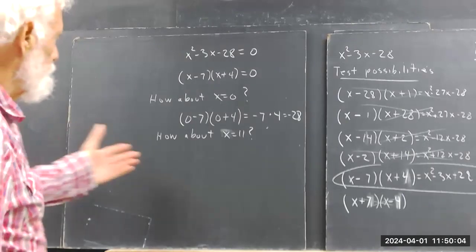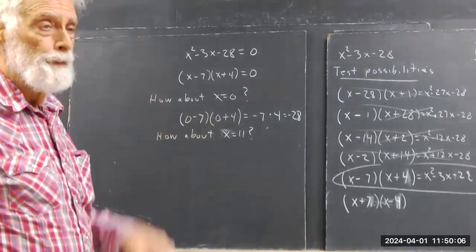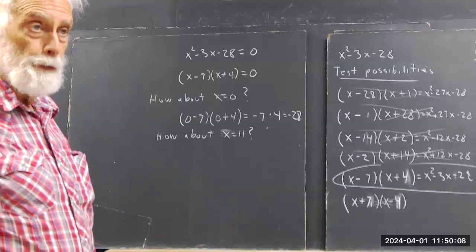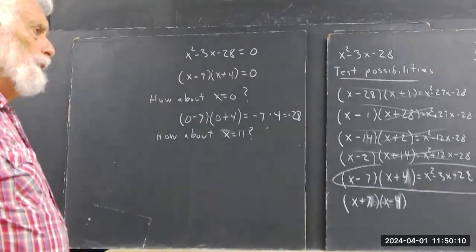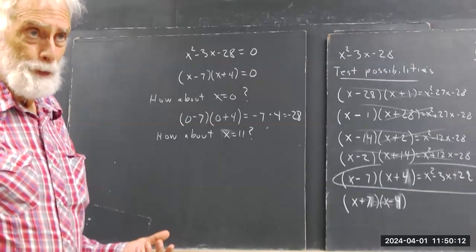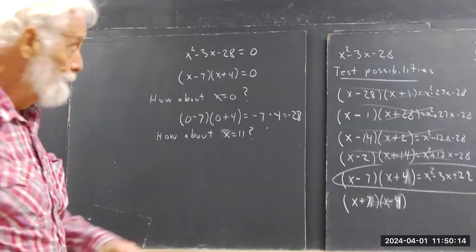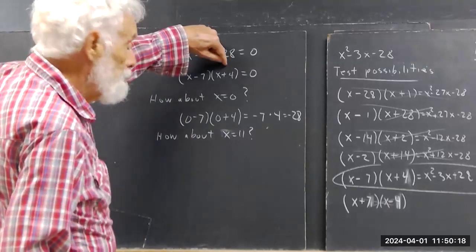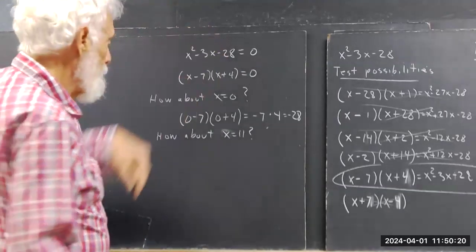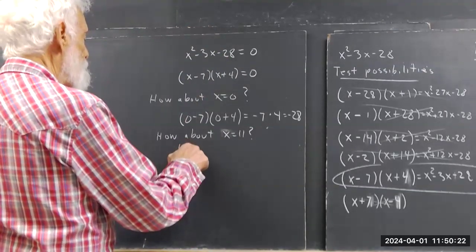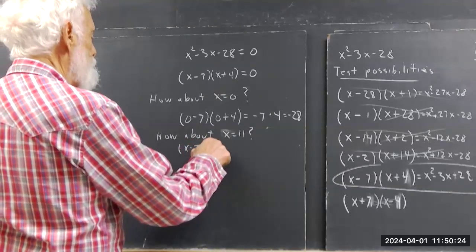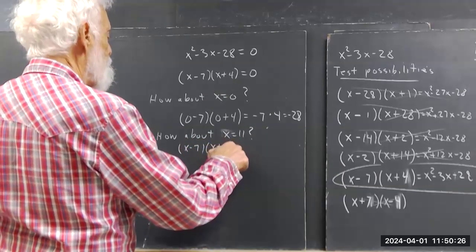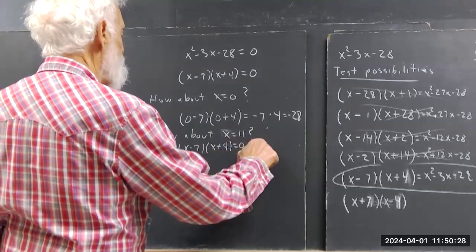Okay, so another suggestion. How about x equals 11? Well, I asked people to check it out for x equals 11. A lot of people didn't know what to write down. So let's make sure we understand what we mean. If we let x equal 11, here's our expression: x minus 7 times x plus 4 equals 0.